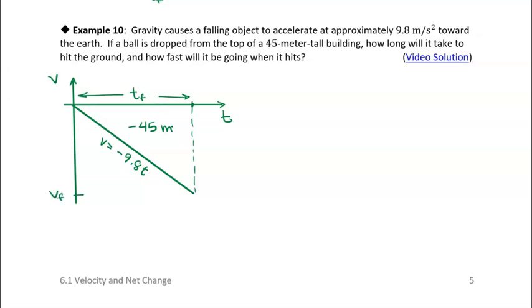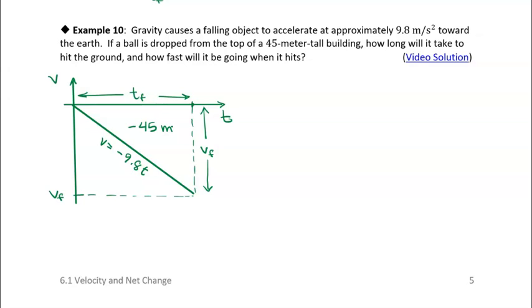This is the final velocity right here, how fast I'm going at the end of whatever that T sub F seconds. So essentially we want the area of this triangle to be a negative 45.